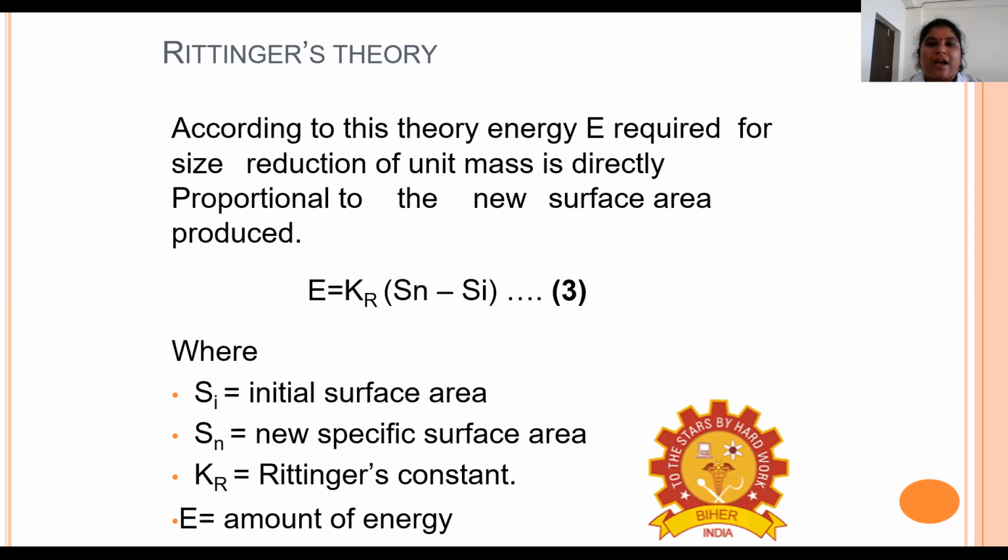E means the amount of energy given, Kr is Rittinger's constant, S is the surface area, n is the new surface area, and i is the initial surface area. So the more new surface area we need to produce, the more energy we need to give. This was the formula: E is equal to Kr into Sn minus Si.